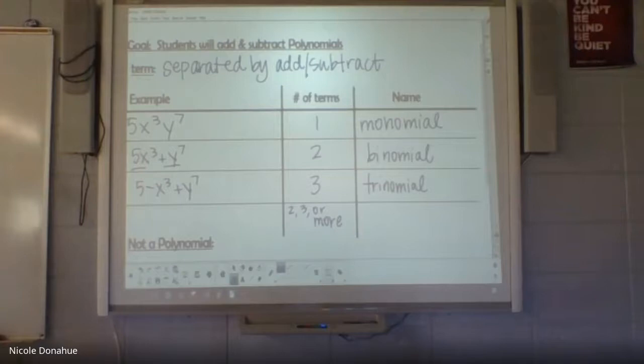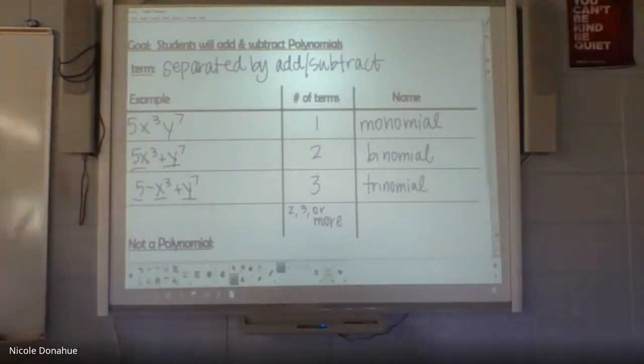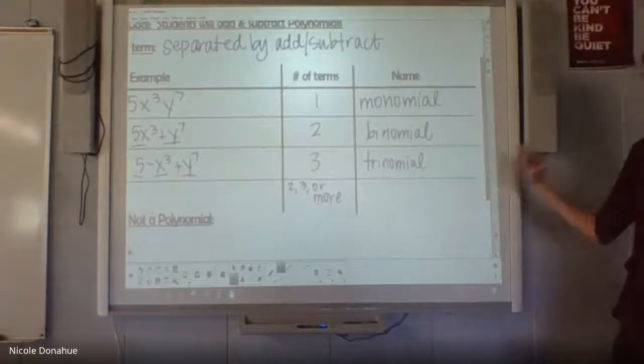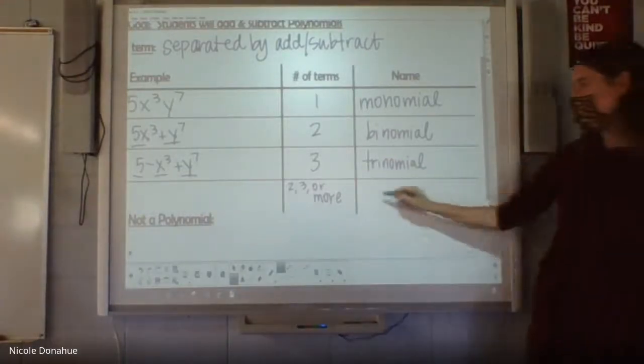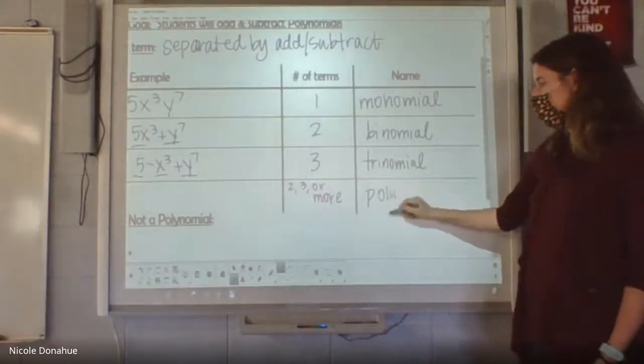Okay. So this is a trinomial. It has 3 terms because it has 3 things separated by addition and subtraction. They really look the same except for those plus and minus signs. That's 3 terms there. Anytime it's 3 or more terms, we can call it a polynomial. These are more specific types of polynomials.